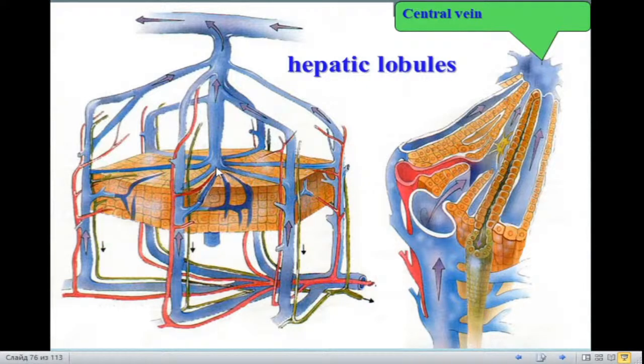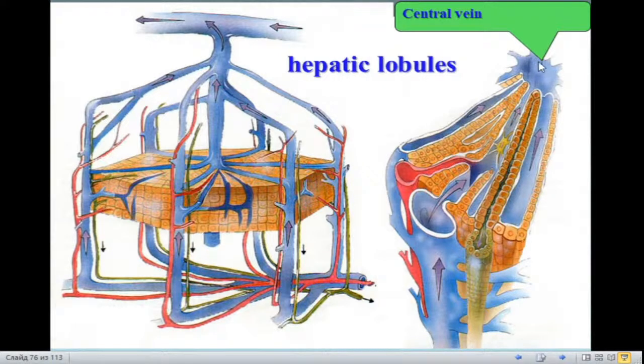While coming to the center, they are processing the blood, and while the nutrients here are purified, they are collected into the central vein, which is in the center of each hepatic lobule.